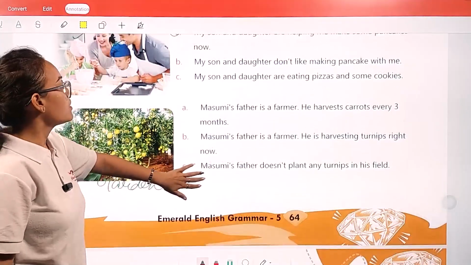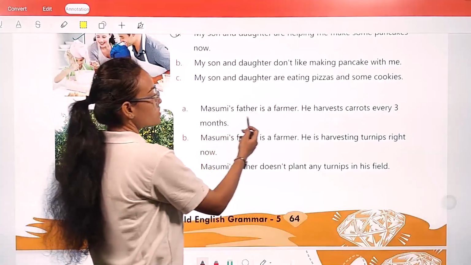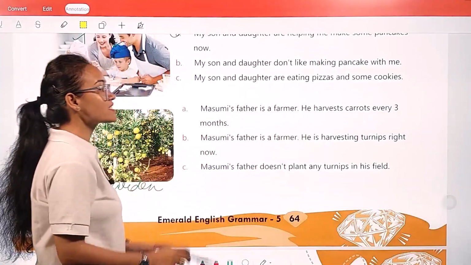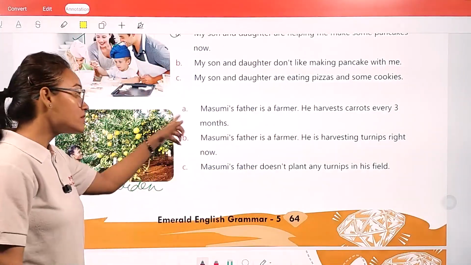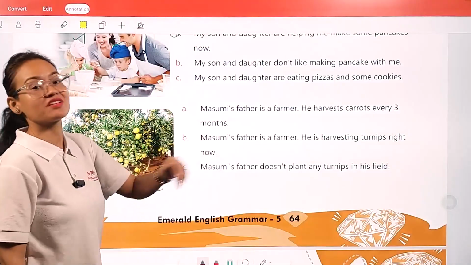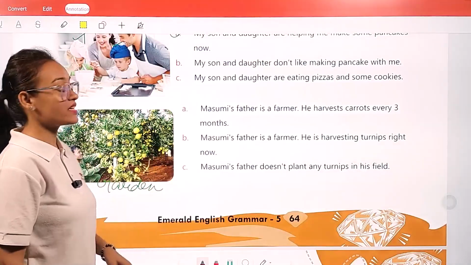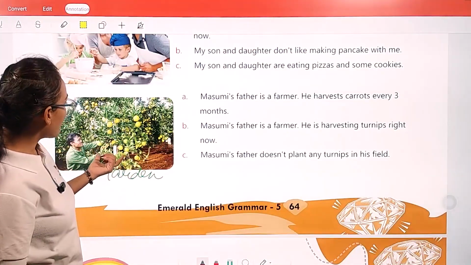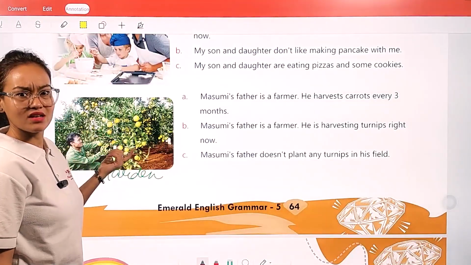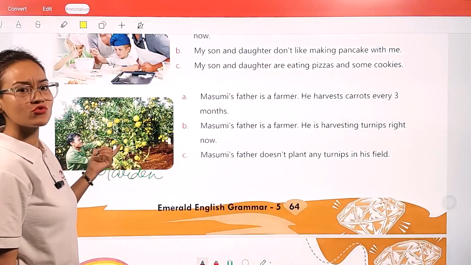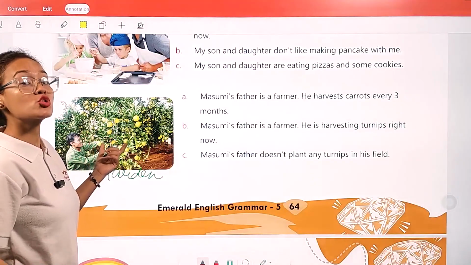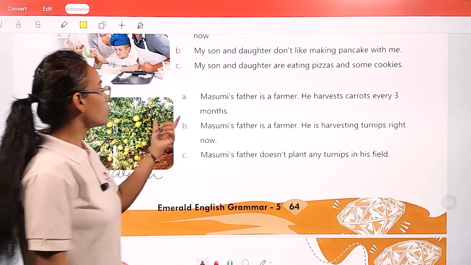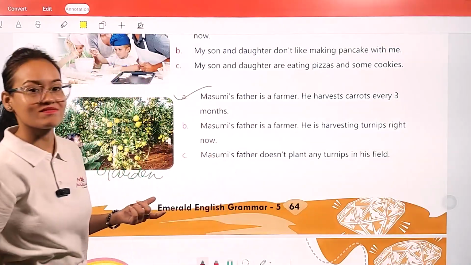So A will be: Mausumi's father is a farmer. He harvests carrots every 3 months. This will be correct, but this is half correct. Now what you are going to see, first of all, have a look here. This plant looks like a lemon, or maybe some citrus fruit. Okay, citrus means sour in taste. So you are going to take the first option.